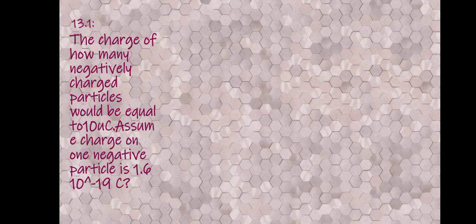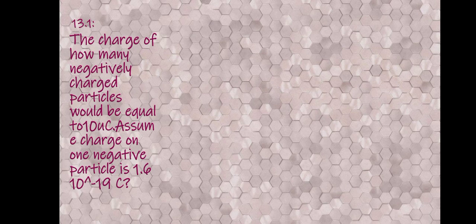Number 1: the charge of how many negatively charged particles would be equal to 100 microcoulombs. This is the symbol for micro, and you know this is a prefix used for 10 raised to power minus 6. Assume charge on one negative particle is 1.6 into 10 raised to power minus 19 coulombs.